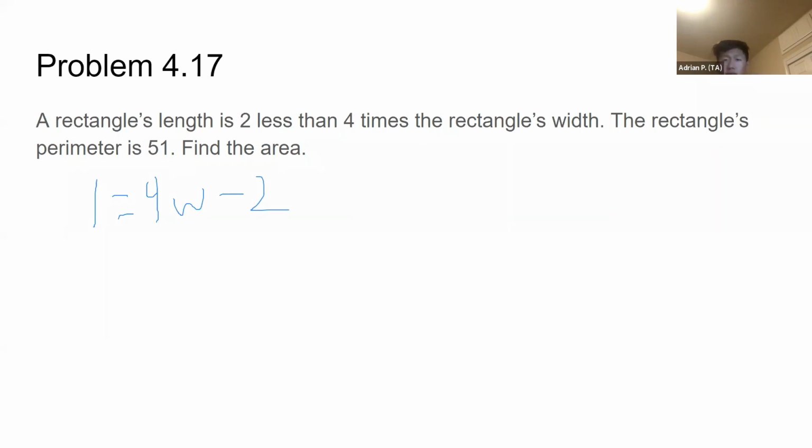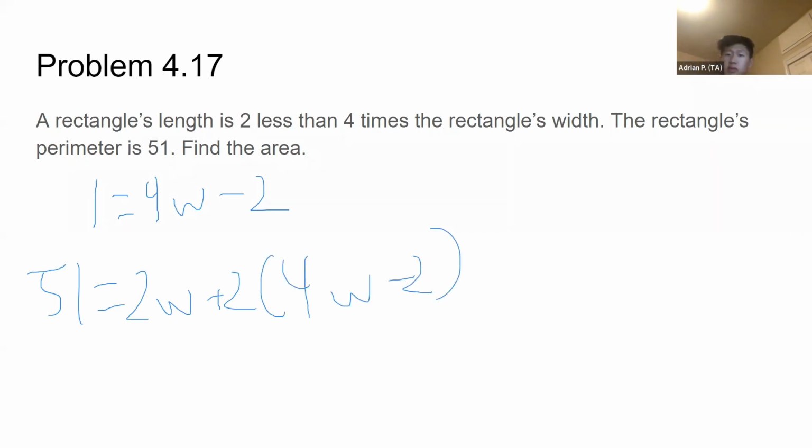And the perimeter is 51. So 51 equals 2W plus 2L, which is 2 times 4W minus 2. Solve that through, you'll get 2W plus 8W minus 4.